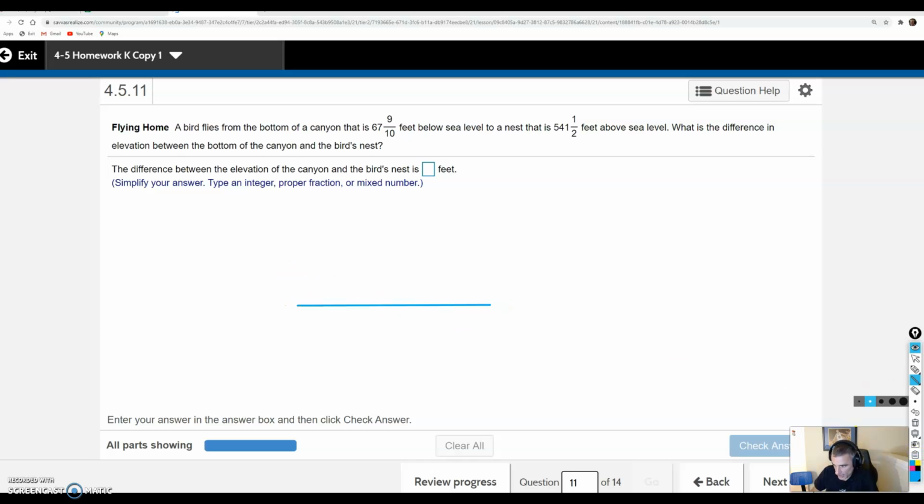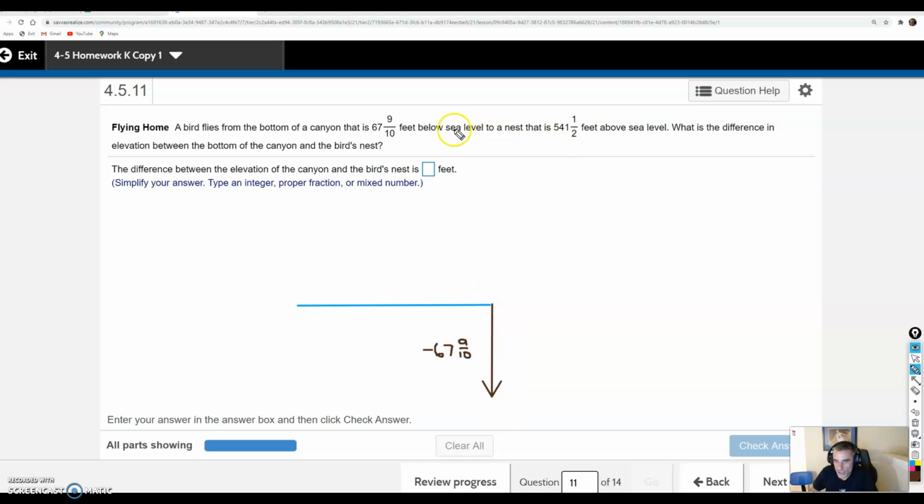Here is sea level. The bird's nest, I'll use brown for the nest, is below sea level, right? So since it's below sea level, I'm going to use negative 67 9/10 to represent that.